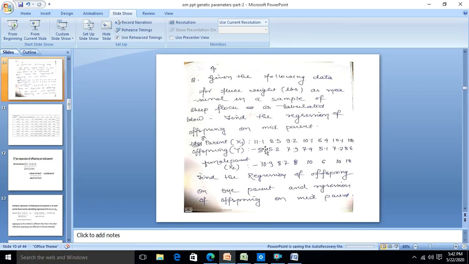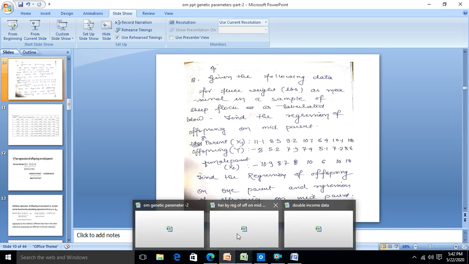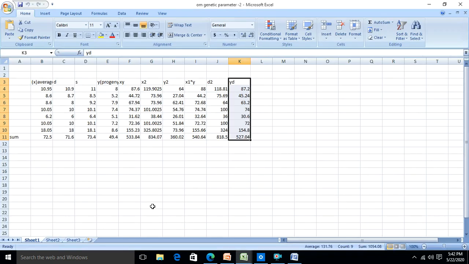Now you will take this data, parent, offspring, female parent, all the three data on the Excel sheet here. This is dam, this is sire, and this is the progeny.